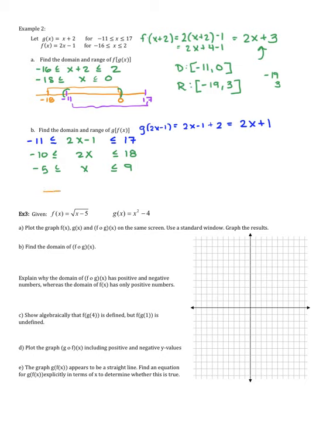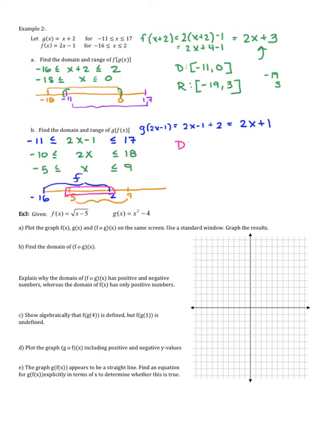So now we have to look at our candidate for our domain. This told me from negative 5 to 9. That would be your composite. But the original inside function, which was our f of x, went from negative 16 to 2. The overlap is going to be from negative 5 to 2.